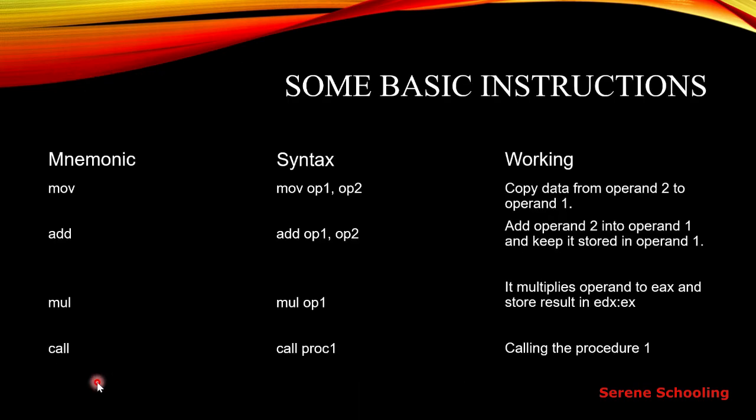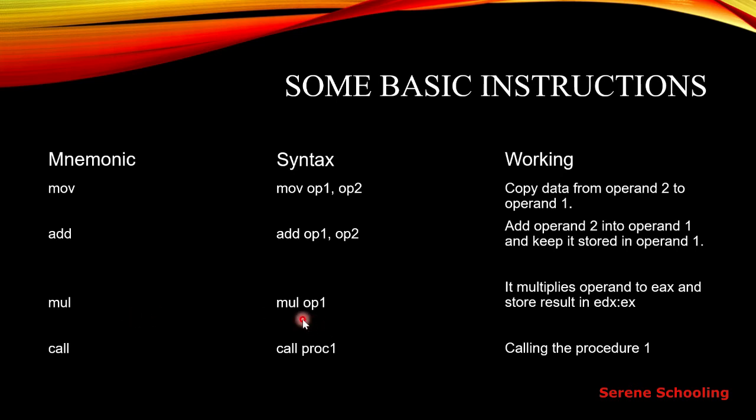Next come some basic instructions, like the mov mnemonic. How we use this in our programming: mov OP1, OP2, meaning operand 1 and operand 2, copies the data from operand 2 into operand 1. Add OP1, OP2 adds operand 2 into operand 1 and keeps the result in operand 1. And next comes the mul instruction for multiplication.